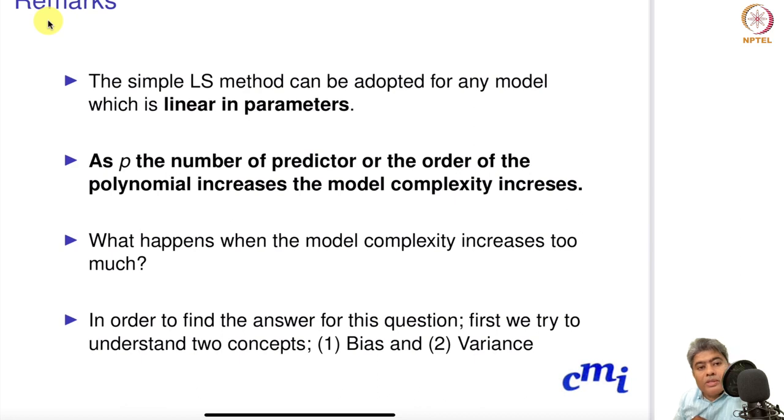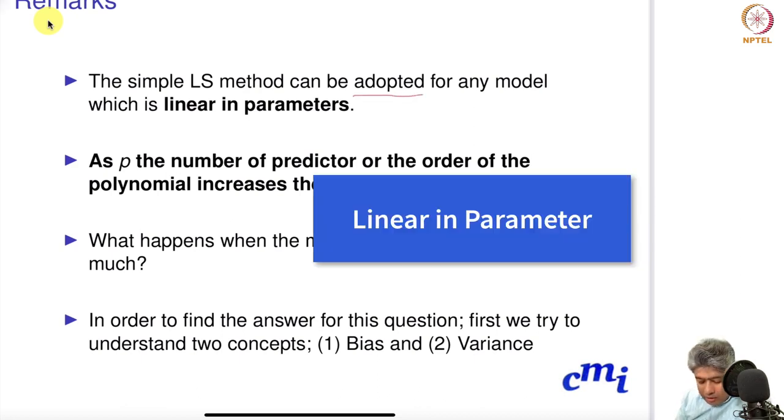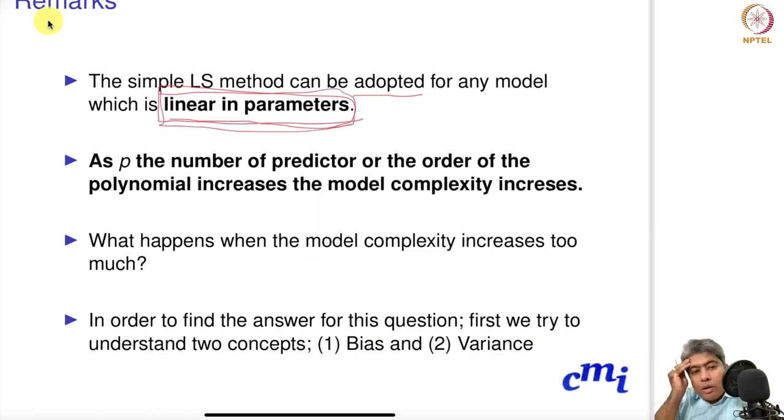So, some remarks. The simple least squares method can be adopted for any model which is linear in parameter. This is very important. The model has to be linear in parameter. As P, the number of features or predictors, or the order of the polynomial, increases, model complexity increases.